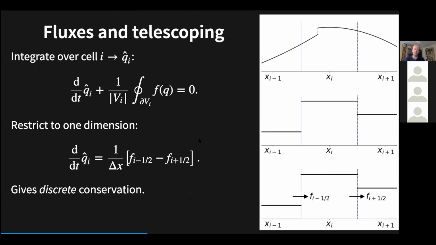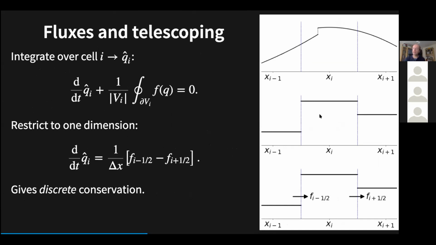What I mean by that is expanded on in the exercises, but essentially the idea is the total amount of stuff inside the domain, the total amount of energy or momentum, is given by the integral of that stuff, the integral of Q over the entire domain.